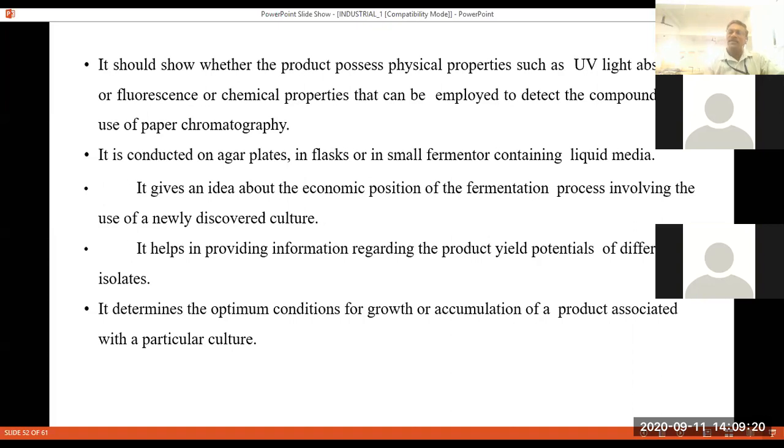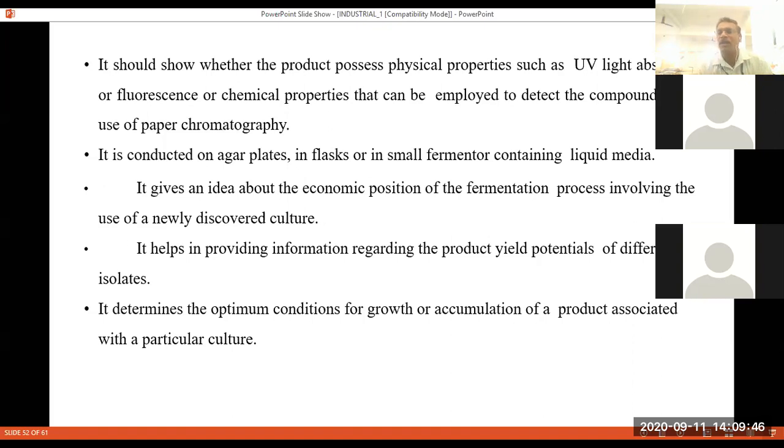Now, the secondary screening is always conducted on the agar plate. Sometimes we use a flask, or sometimes a small scale fermenter containing liquid media. I have the media, definitely, no doubt, but that media is always a defined media.